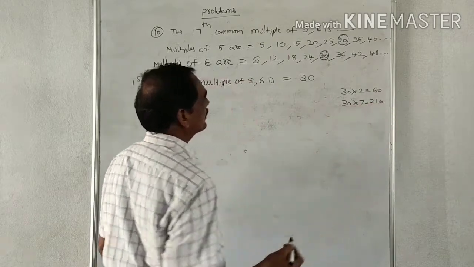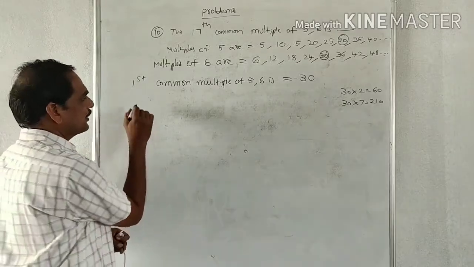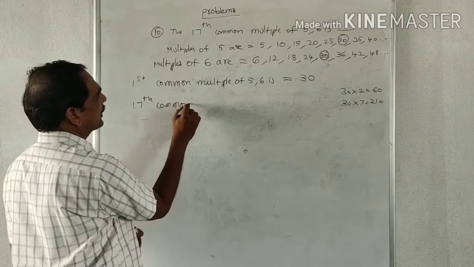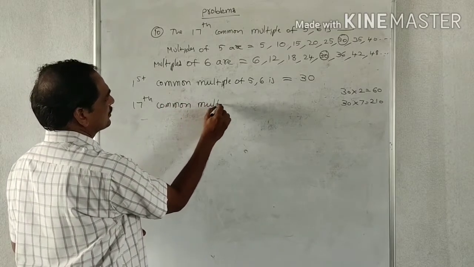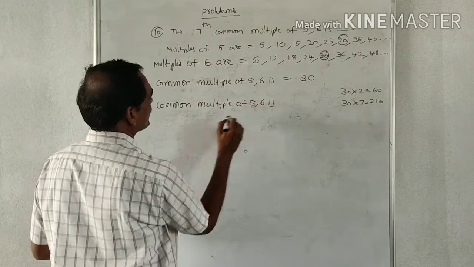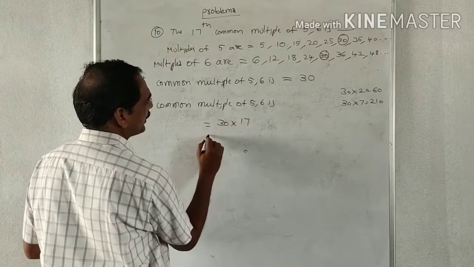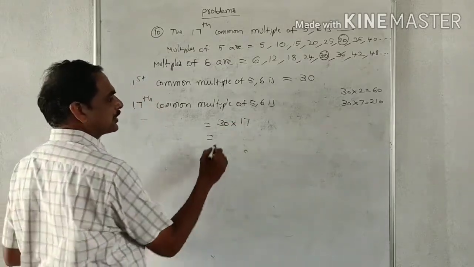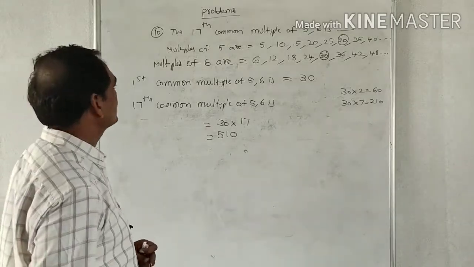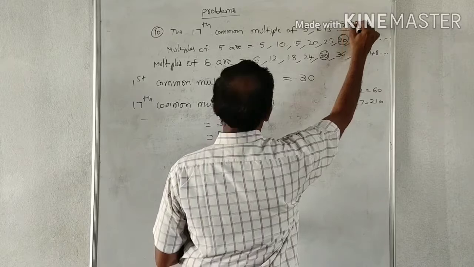Now the 17th common multiple of 5 comma 6 is equal to 30 into 17. 17 threes 51, 510. This is the 17th common multiple of 5 comma 6.